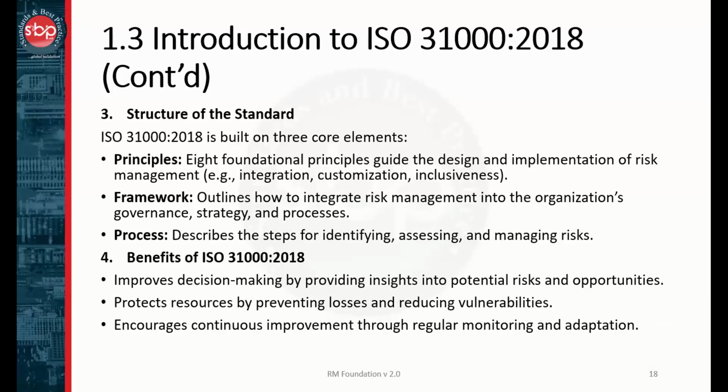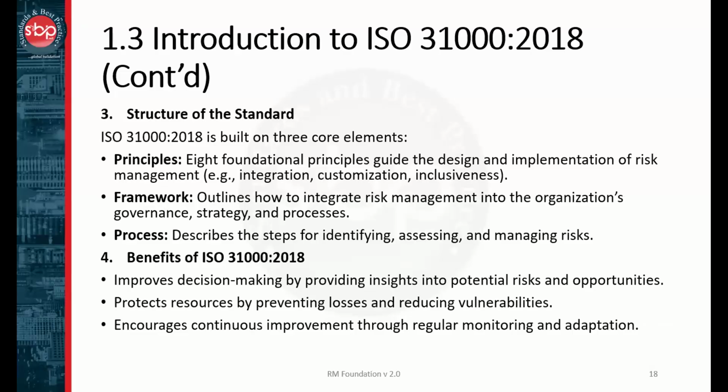Okay, now the standard is based on three structures. We have the principles, which is 8. We have the framework, which is 6. We also have the processes, which is also 6, right? The principles is what guides the design and implementation of risk management. Then the framework outlines how we are able to integrate risk management into the organization strategy and processes. You don't have to do it as a standalone.